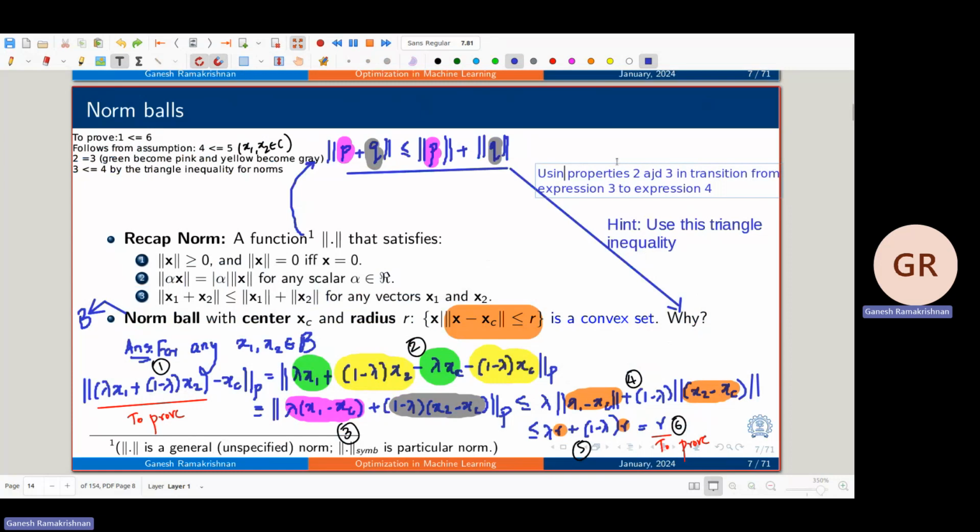I have basically used properties 2 and 3 in translation from expression 3 to expression.